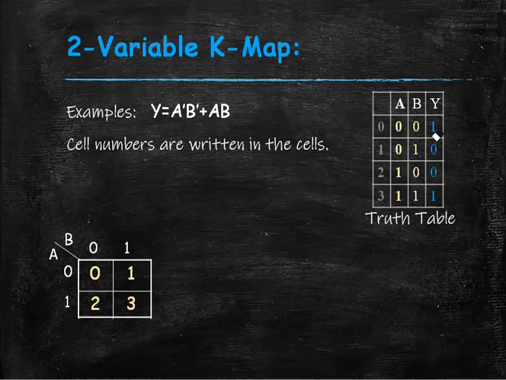Then when a is equal to 0 and b is equal to 0, a bar must be equal to 1 and b bar must be equal to 1, so this quantity is high, then it is 1.